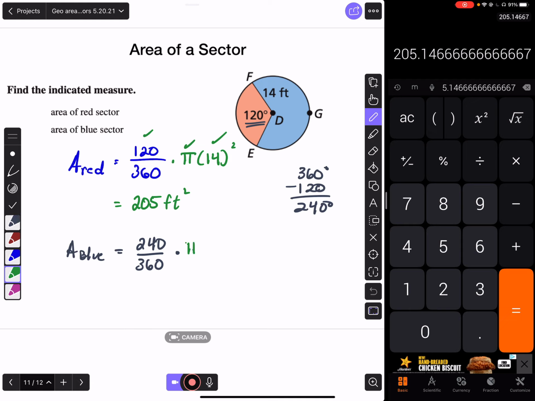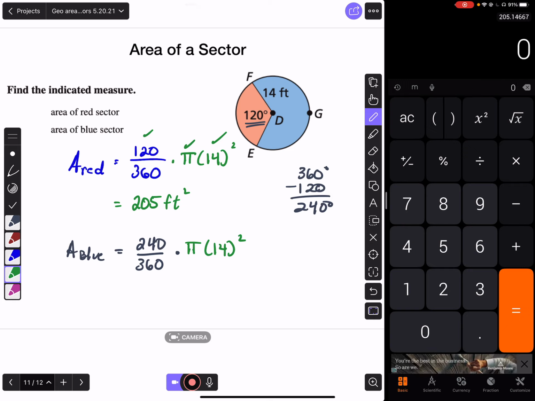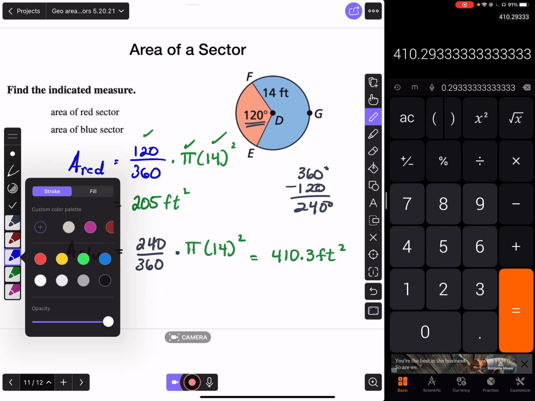The area of the whole thing didn't change. We did 14 squared is 196 times 3.14 times 240 equals, and then divide by 360. And I get 410.3 feet squared.